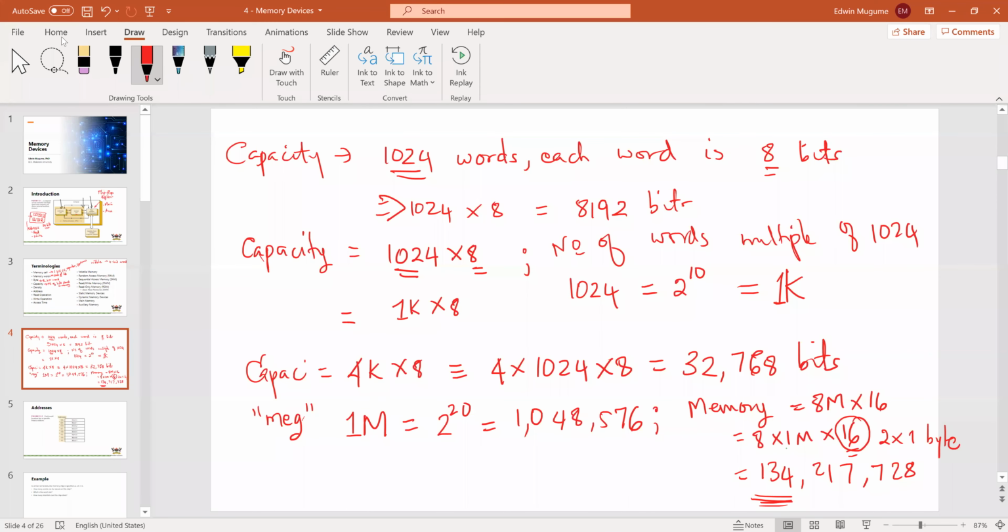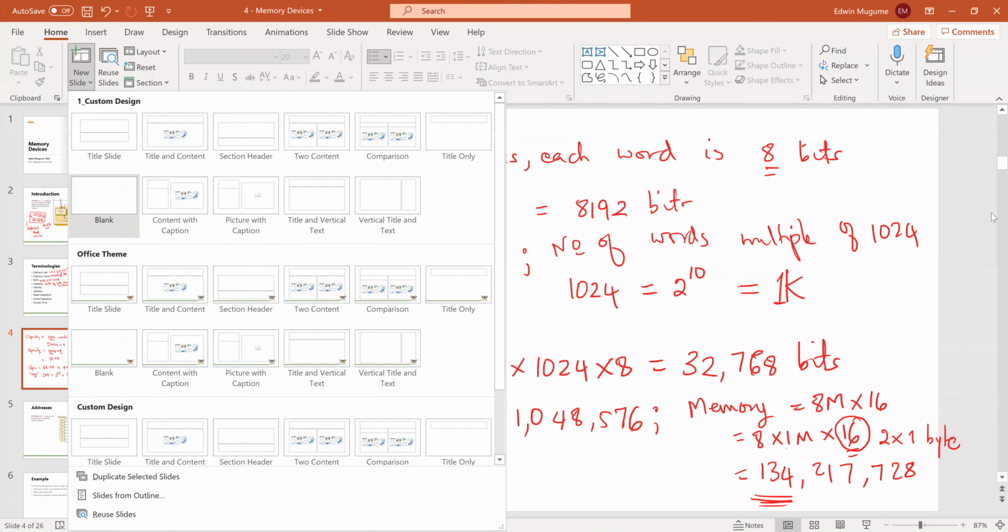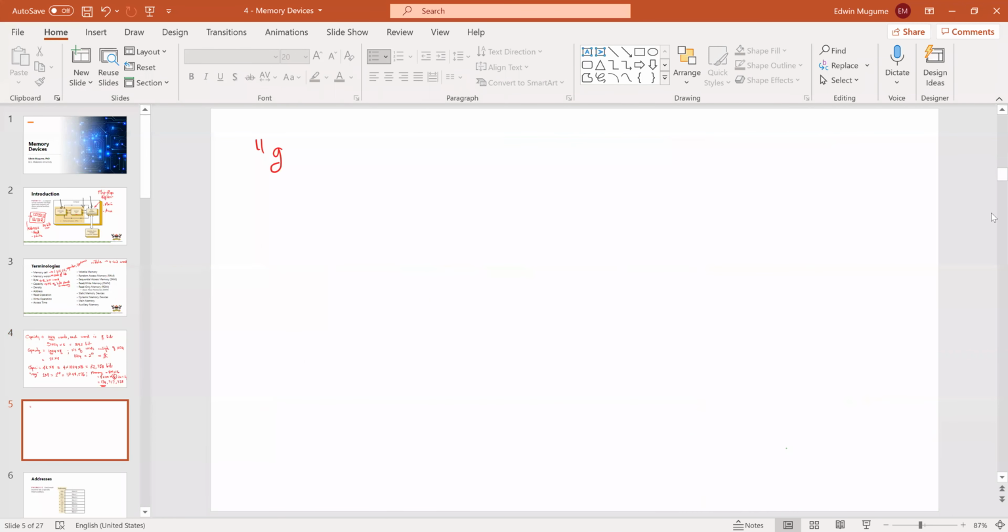We can, in fact, continue with this discussion on capacity, and we go to gigabytes or gigabits.